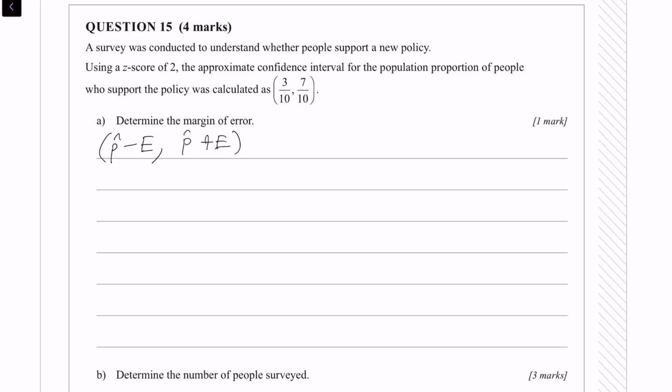And really the difference between them is going to be 2 times the margin of error when we do our calculation, and I'll show that there. So the confidence interval is in that form.